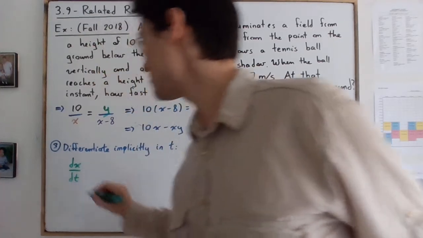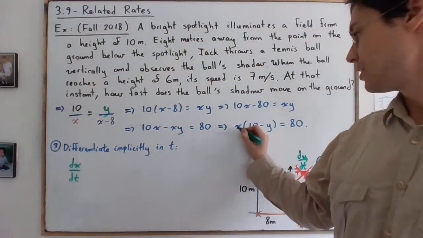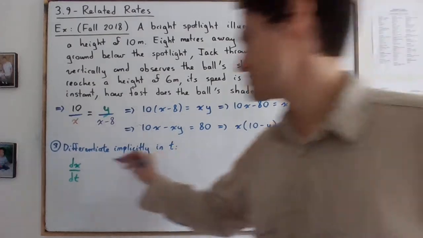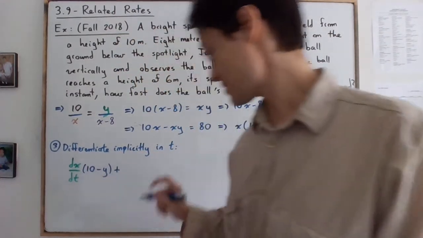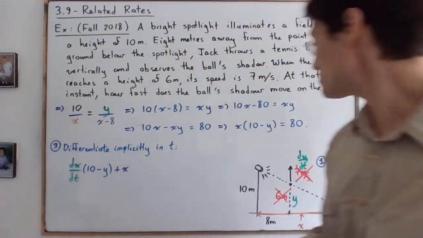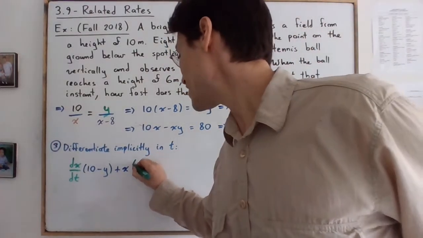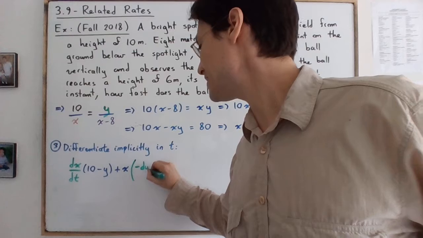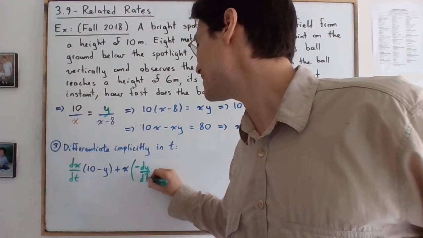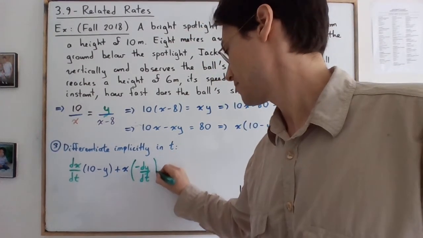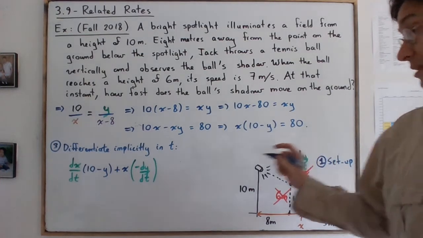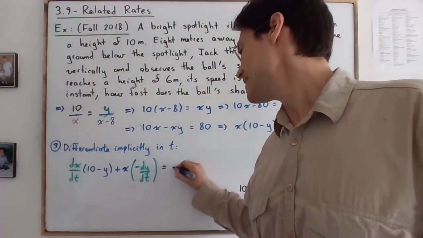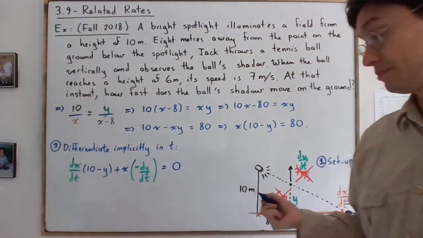Heads up, we're using the product rule, okay? So the derivative of the first times the second, so 10 minus y, plus the first times the derivative of the second, which ends up simply being negative dy over dt. And then the derivative of 80 is simply 0, okay?